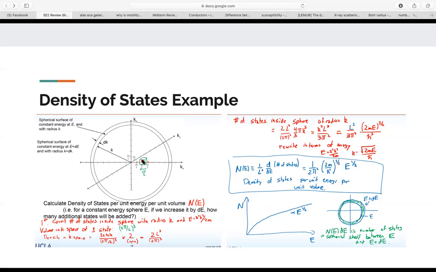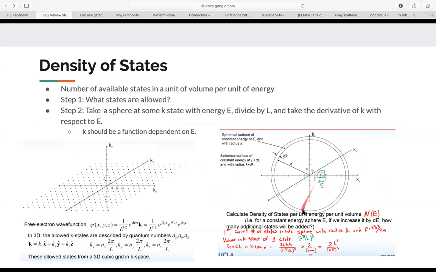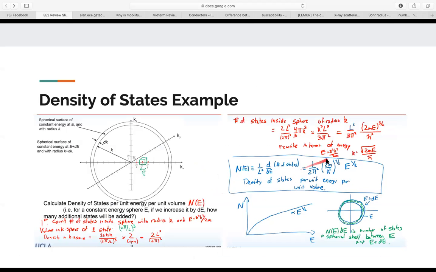The value I gave before is the number of states within this one box of length 2 pi over L, this cube. So you multiply it by 4 over 3 pi k cubed, and you get the number of states inside the sphere.